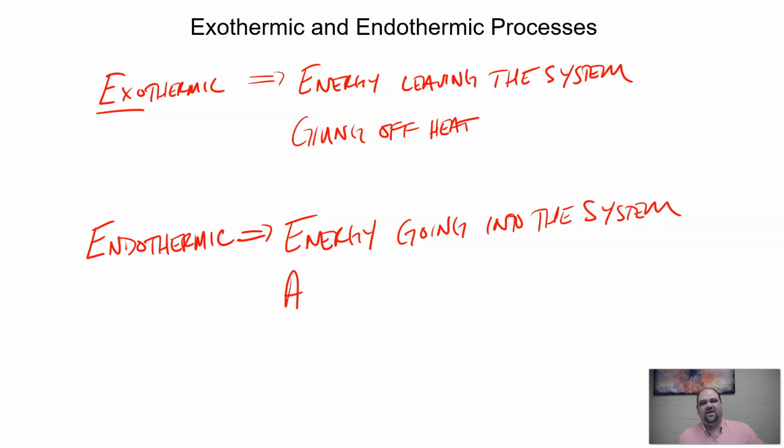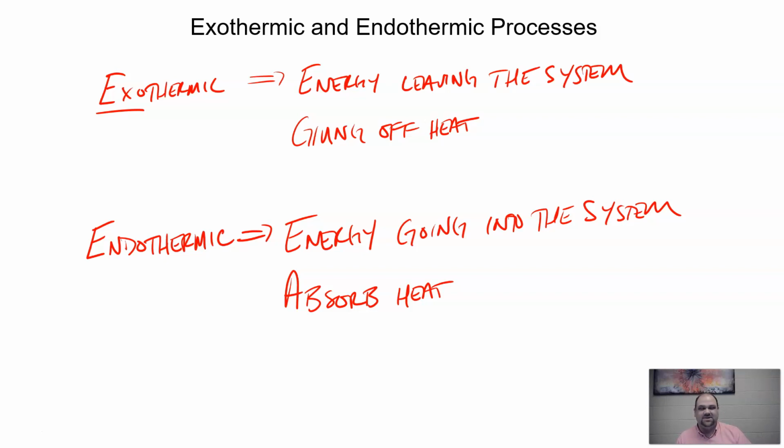These kinds of endothermic reactions, or endothermic processes, absorb energy, or absorb heat. Okay? So exothermic, energy leaves the system, giving off heat to the surroundings. Endothermic, energy going into the system, absorbing heat from the surroundings.